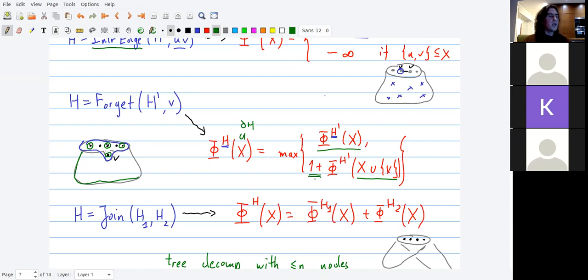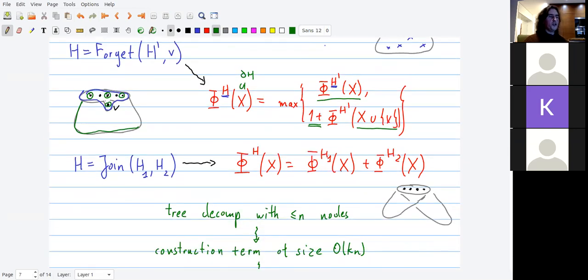And finally, if I'm joining two graphs, H1 and H2, and I would like to understand, for this subset of the boundary X, what is the best possible extension to the rest of the graph consisting of both H1 and H2, then because between H1 and H2 there are no edges at all, since we were doing the join operation, the join operation doesn't introduce any edges between the forgotten vertices.